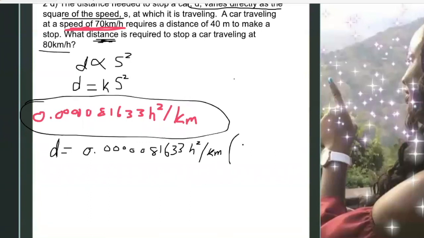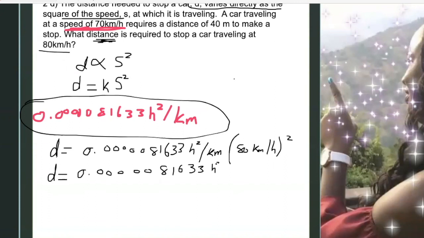So the speed that we have here is 80 kilometers per hour squared. Now squaring this, we have d is equal to 0.12345 81633, and we have hours squared per kilometers.